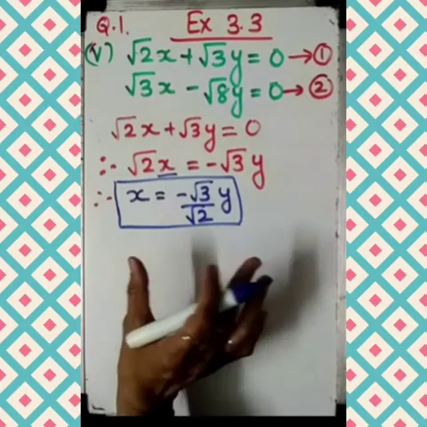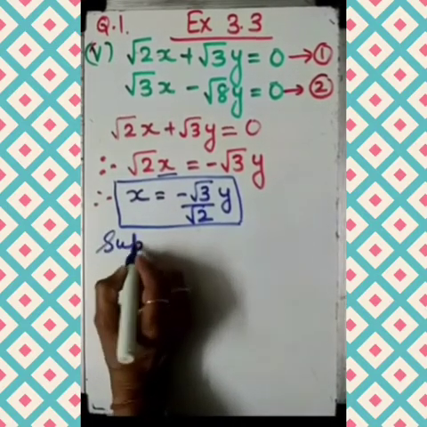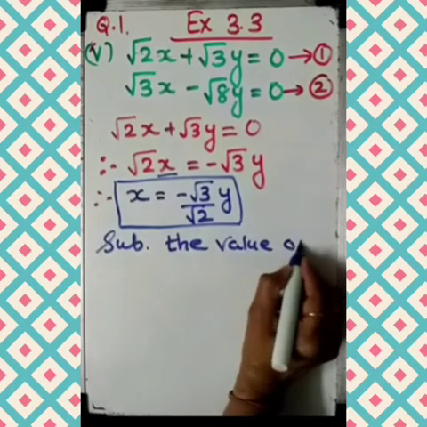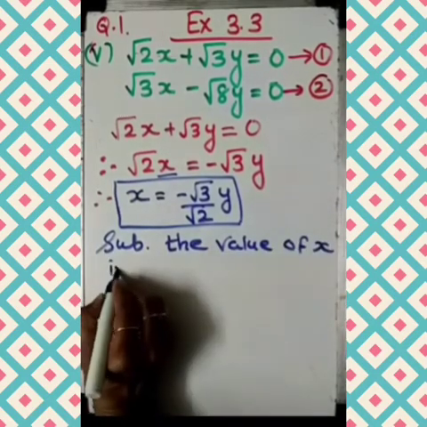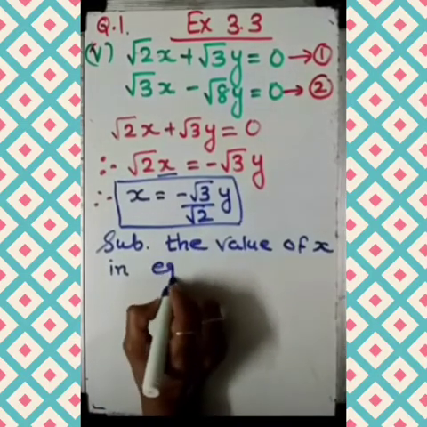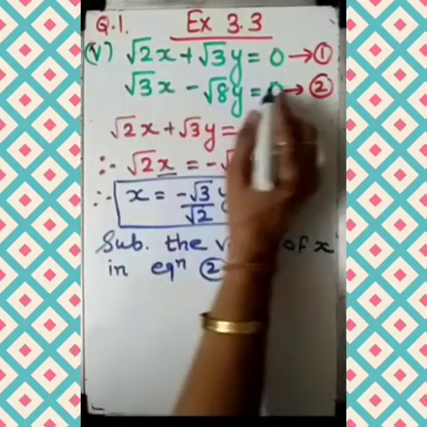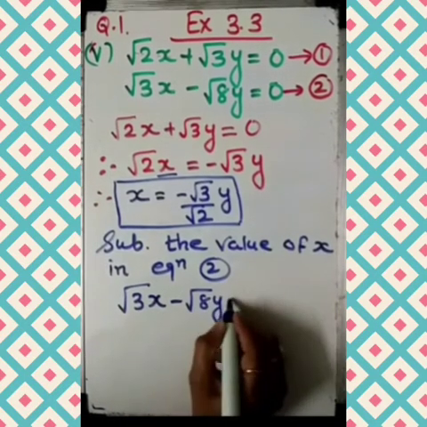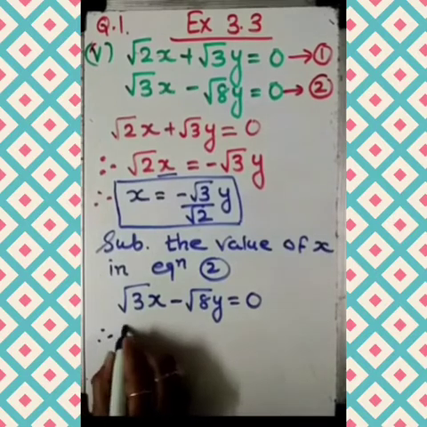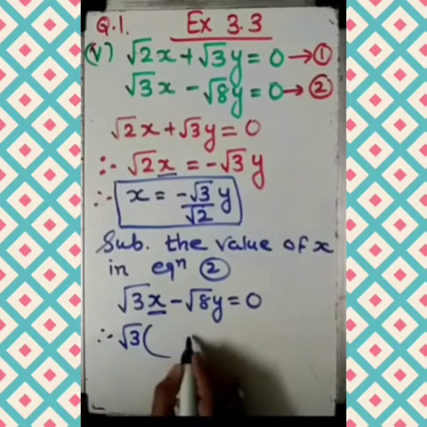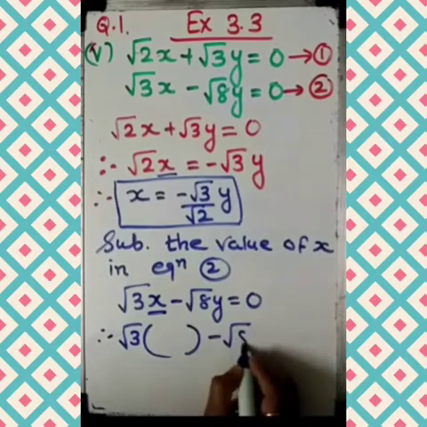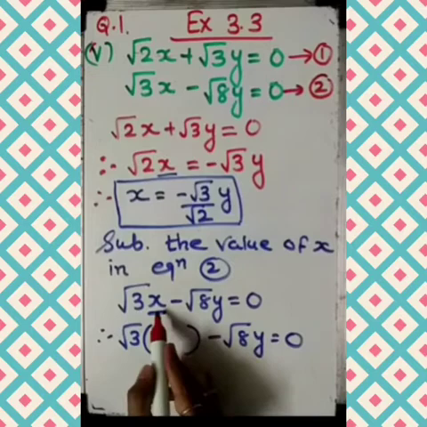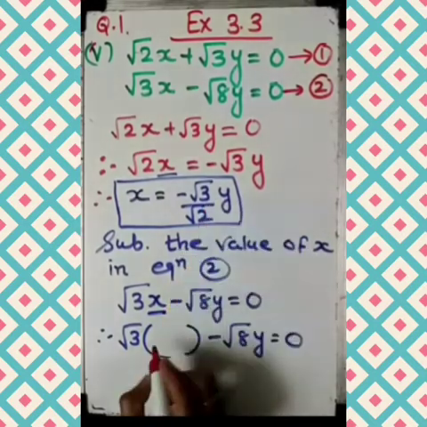Now simple. This result, I am substituting the value of x in equation 2. Okay. Here you can see the equation is in this form. Nothing else I am doing, I am putting the value of x here in brackets, and whatever else we have, let it be as it is. So what is the value of x here?